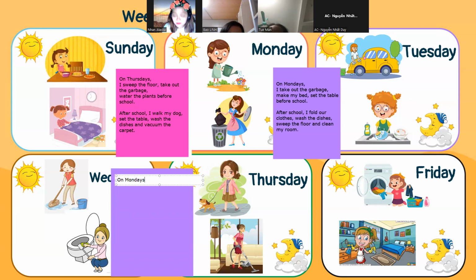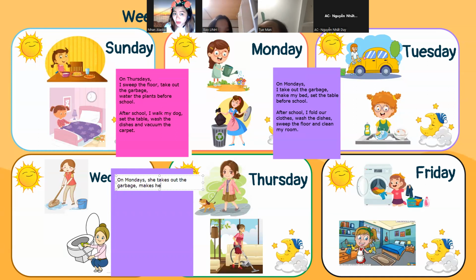On Mondays, you're going to describe Baoling. She takes out the garbage. You're going to use "she", right? This time you're going to add s or es. She takes out the garbage. She makes her bed.